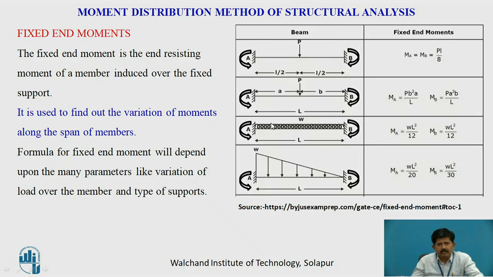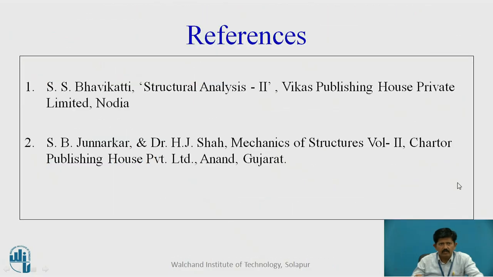If we are having a fixed end beam with UDL over the whole span, then MAB is equal to MBA is equal to WL square by 12. If we are having a uniformly varying load which is at an intensity of W at end A and 0 at end B, then MAB is equal to WL square upon 20, whereas MBA is equal to WL square by 30. So these are the references which I have referred.